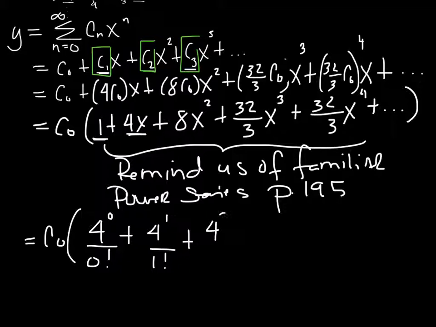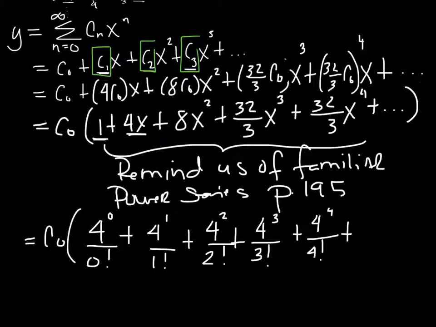I'm going to write 4 squared over 2 factorial plus 4 cubed over 3 factorial plus 4 to the 4th over 4 factorial plus dot, dot, dot. I didn't write our x's in here, and I should have, so maybe we'll write them out here.